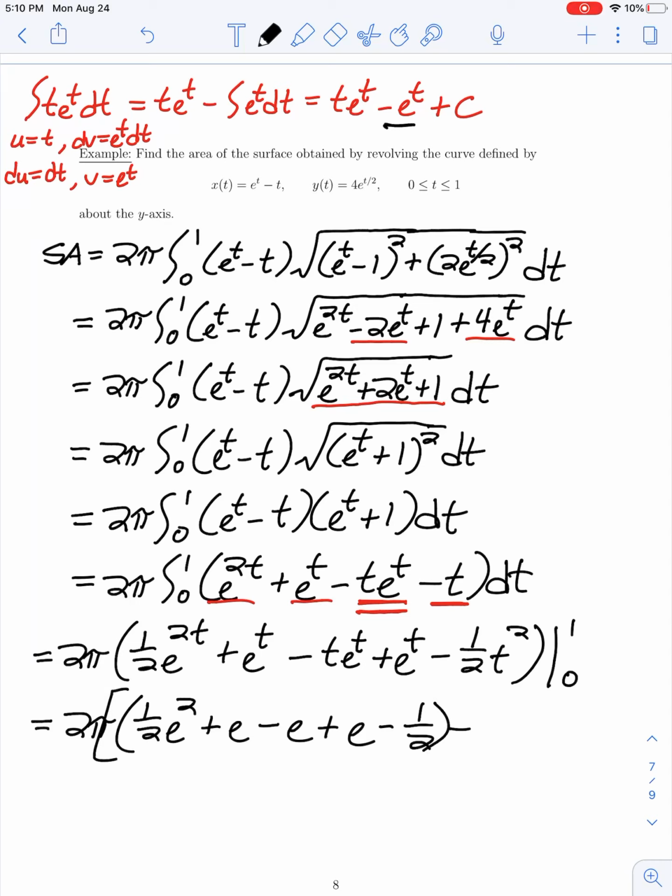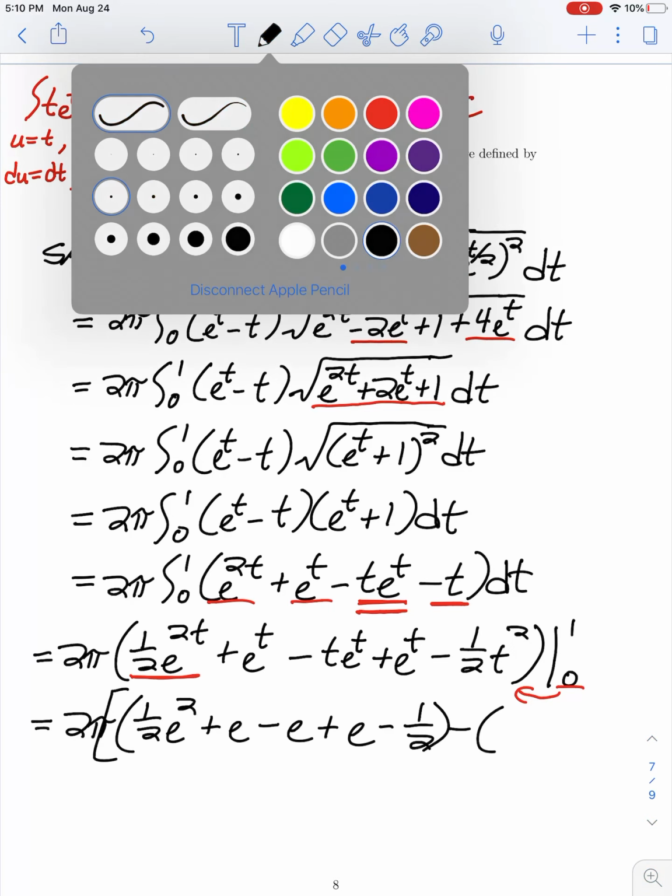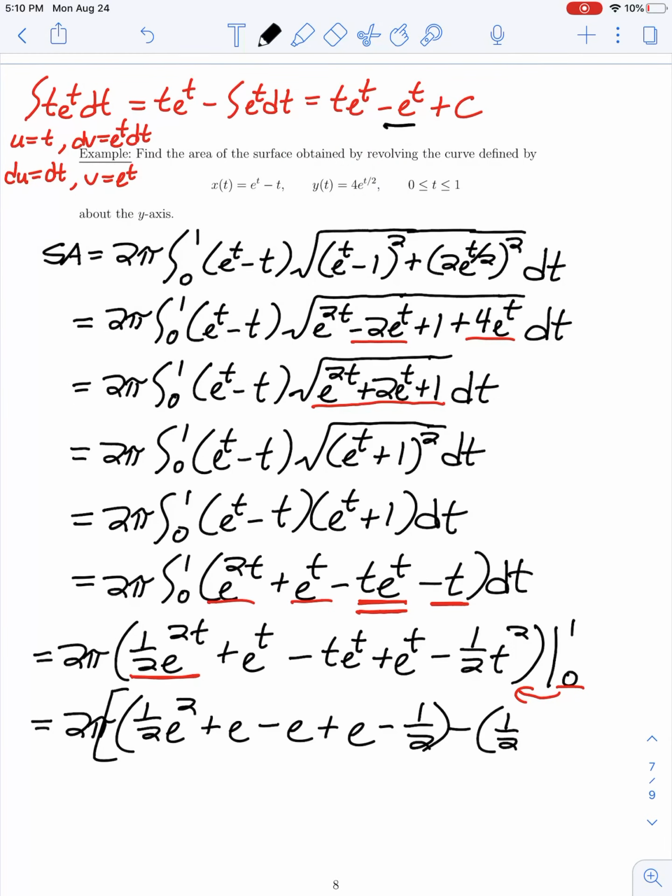So when we substitute 0 in for t, we have 1/2 of e to the 0, which would be 1/2, plus e to the 0, which is 1, minus 0, plus e to the 0, which is 1, and then minus 0.